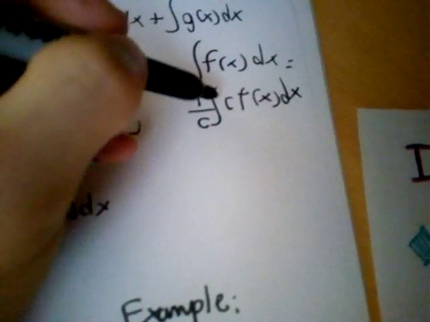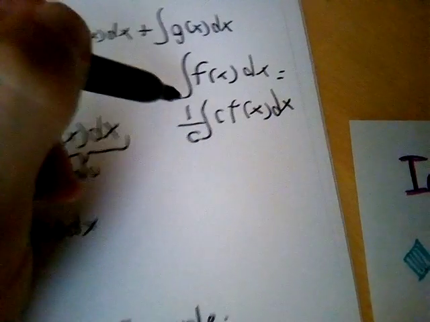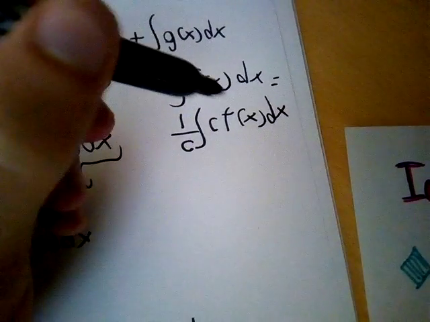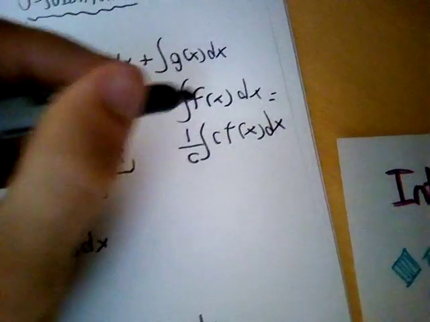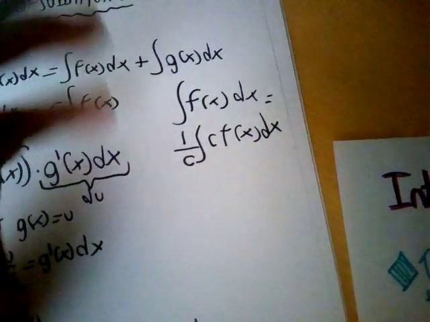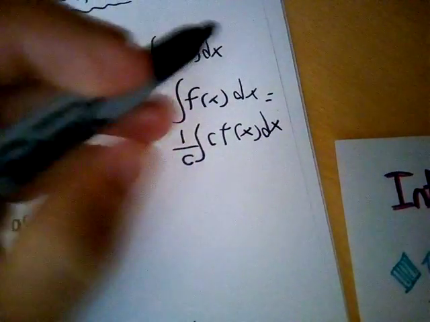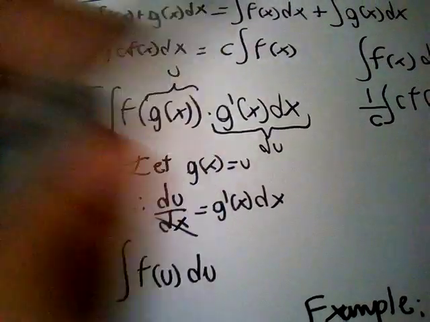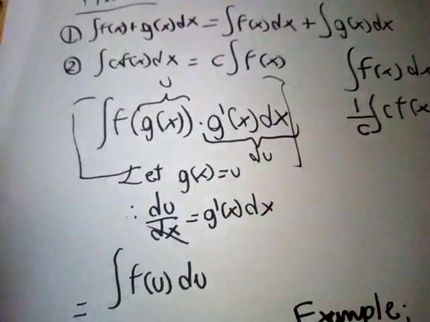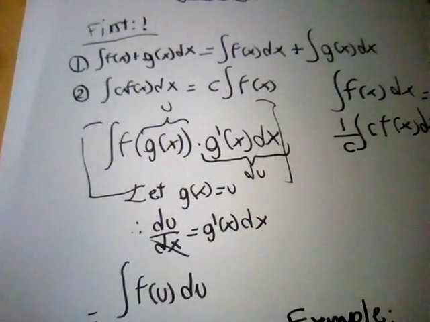We can multiply by a constant, then divide by it. And usually that's helpful for getting the derivative of g of x inside our integral, because it might be off by a certain constant, and we can change that and get it in the right form, this form here. And yeah, then we can apply u-substitution.